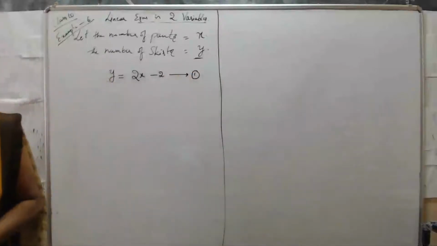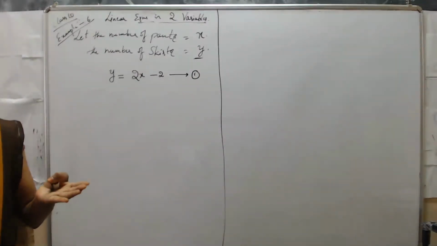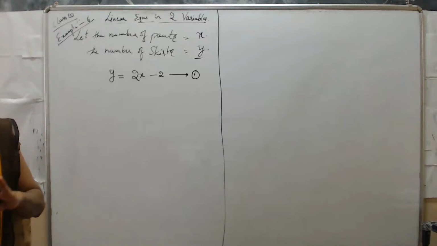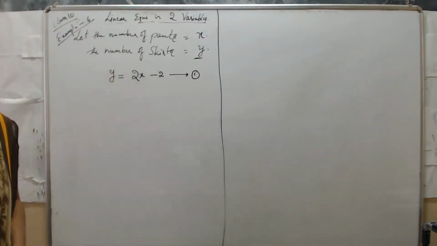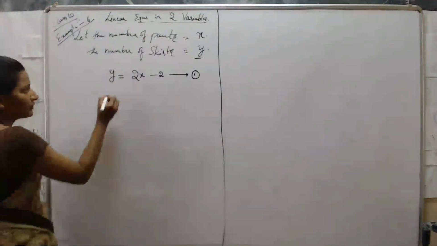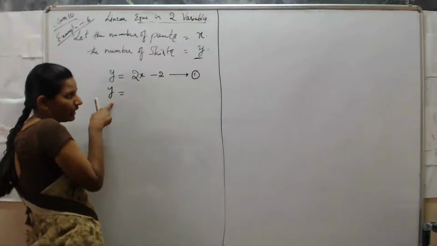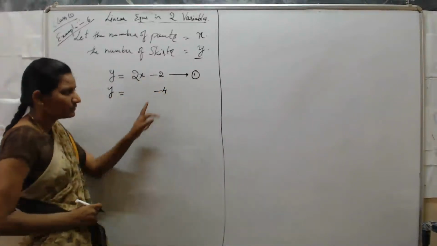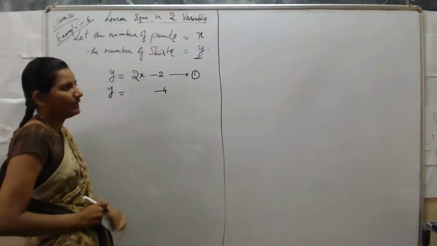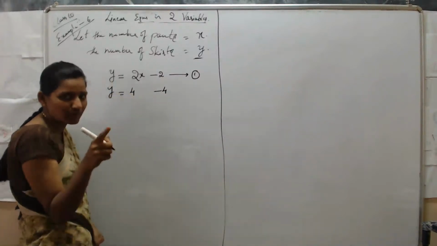And again she answered, also the number of skirts is 4 less than 4 times the number of pants purchased. Similar to this equation, the number of skirts means y. y is 4 less than, which means minus. 4 times, twice, thrice means you should multiply.